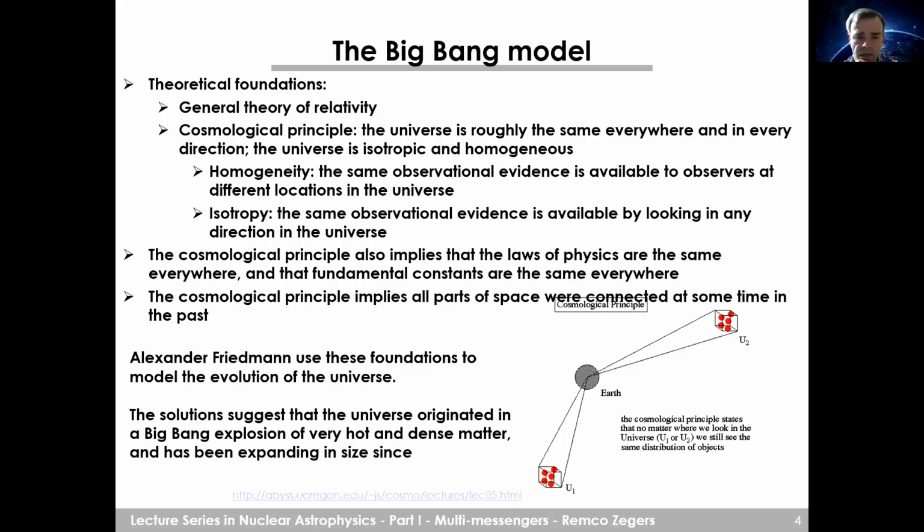Finally, and this is one of the grounding principles of the Big Bang theory, the cosmological principle implies that all parts of space were connected at some point in time. A famous researcher, Alexander Friedman, used these foundations to make a model of the evolution of the universe. The solutions suggest that the universe originated in a Big Bang, as very hot and dense matter, and has been expanding in size ever since.